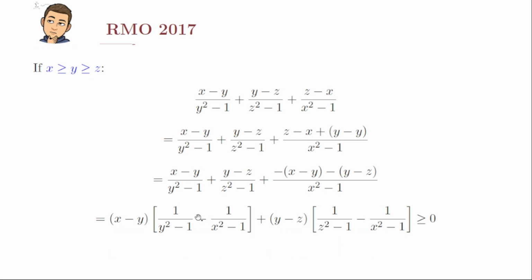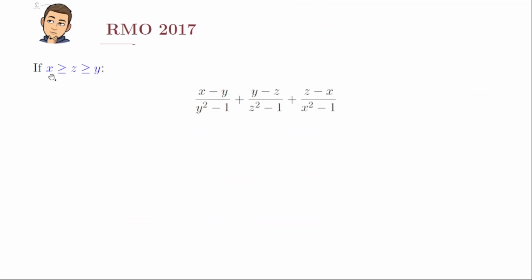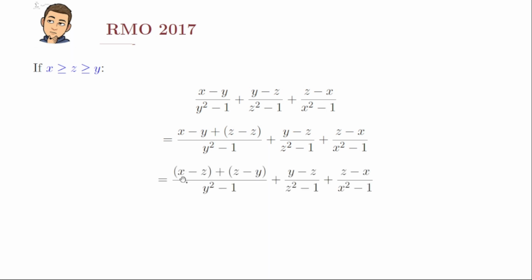And now this is the other case, x bigger than or equal to z, bigger than or equal to y. So y is the minimum here. And then we just rewrite the left-hand side of the inequality that we want to prove like this. So we use the first term now. We add z and then minus z, and then we write it as x minus z plus z minus y.